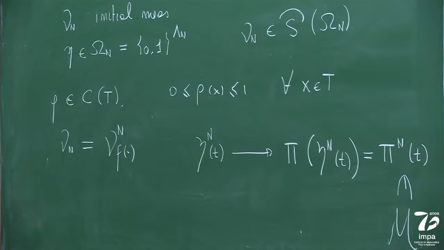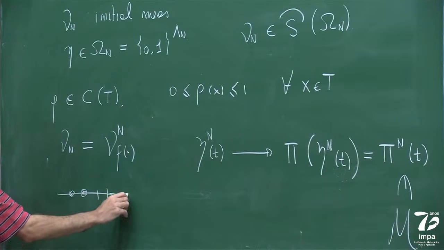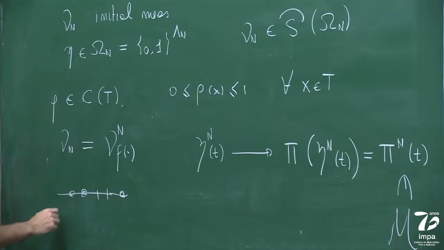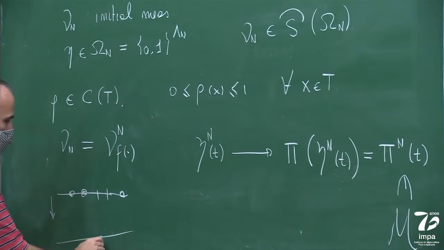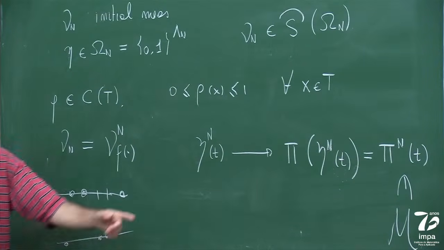Okay, let's say that you start with a configuration. So this configuration corresponds to a measure which puts mass 1 over n on these 3 points. You let the process evolve. At a later time, these particles maybe are here, and then you have a new measure, a new pi n t.